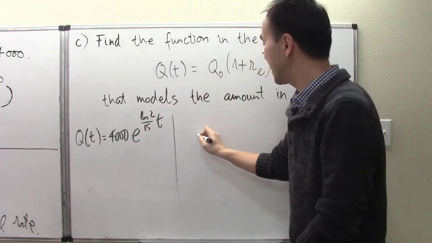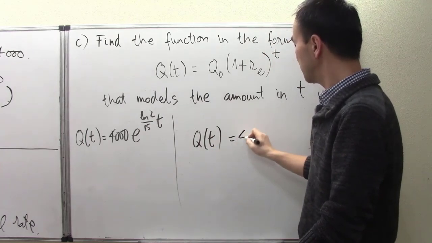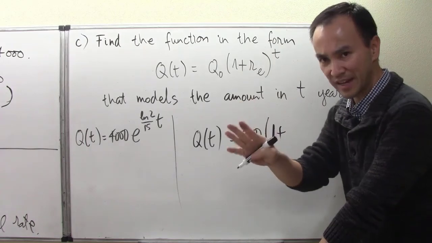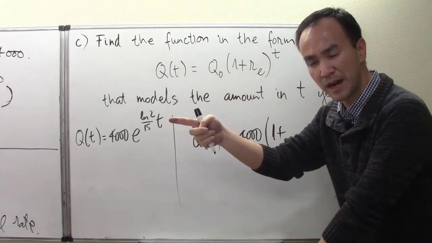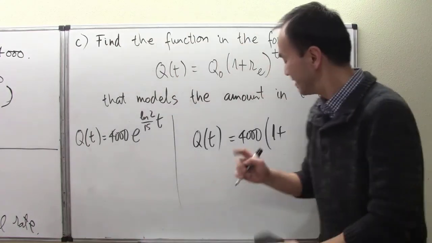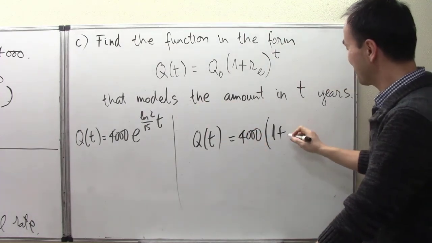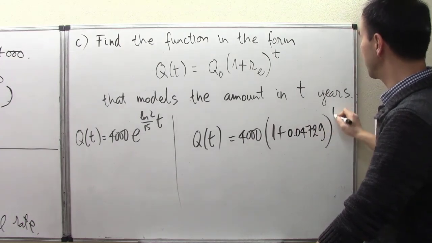So now it's as easy as Q of t equals 4,000 times 1 plus, and I calculated that effective rate in the previous question to be, in 5 decimals, about 0.04729. So 1 plus 0.04729, raised to the power t.